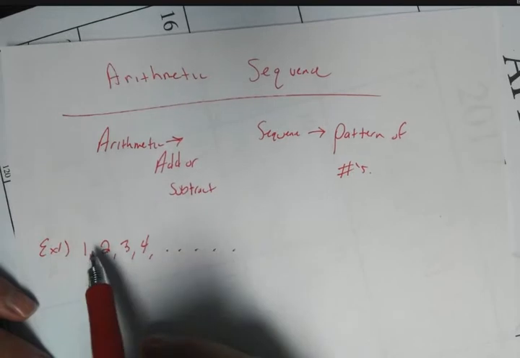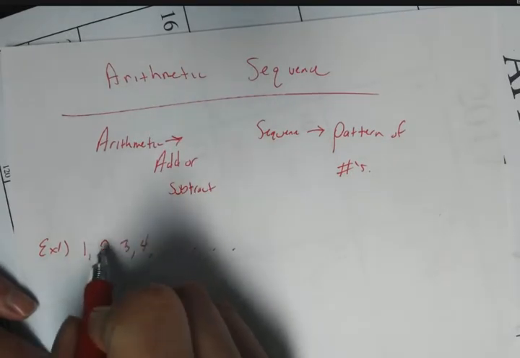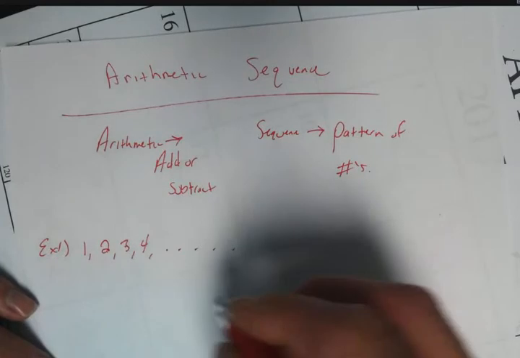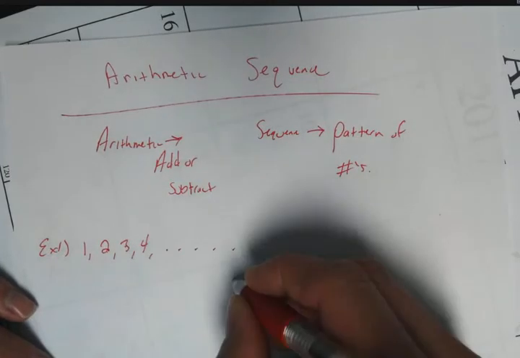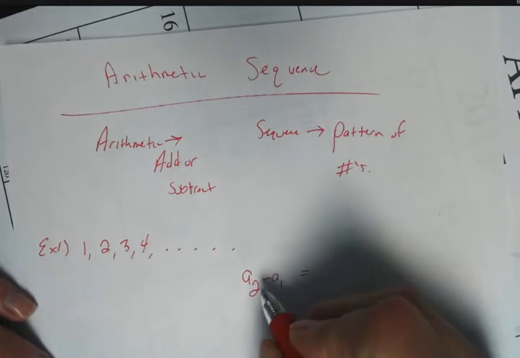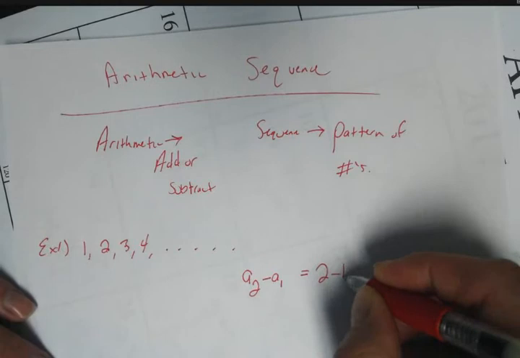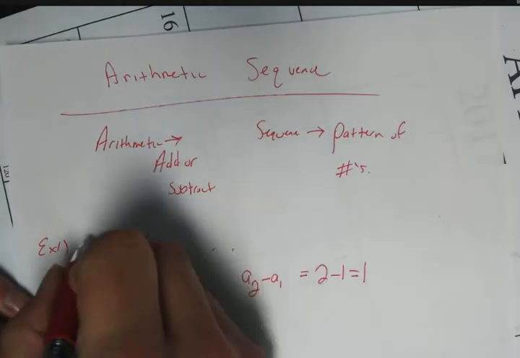So if we're looking at this problem here, you want to think to yourself, how do I go from the first to the second? And the easiest way to do that is to use A2 minus A1. Now what this does is it's the difference between the two terms. So if we do 2 minus 1, we get the number 1. So the difference here is 1.